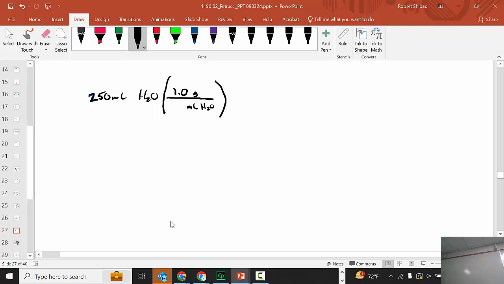Or we would solve graphically using the density graph. Or we could use the empirical equation for density and temperature, plugging in the temperature and solving. But no temperature was specified.